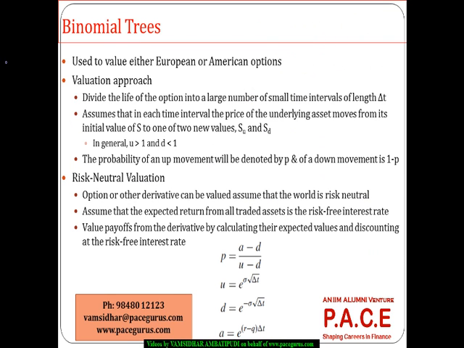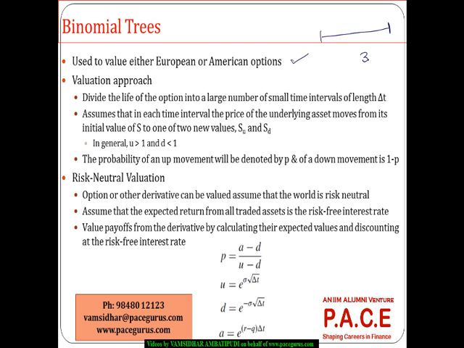Getting started with the binomial trees, we have understood the concept of binomial trees quite comfortably. So I'm quickly running through this, because we have dealt with the concept of binomial trees earlier. They are used to value either European options or American options. What we typically do is, the whole life of the option.